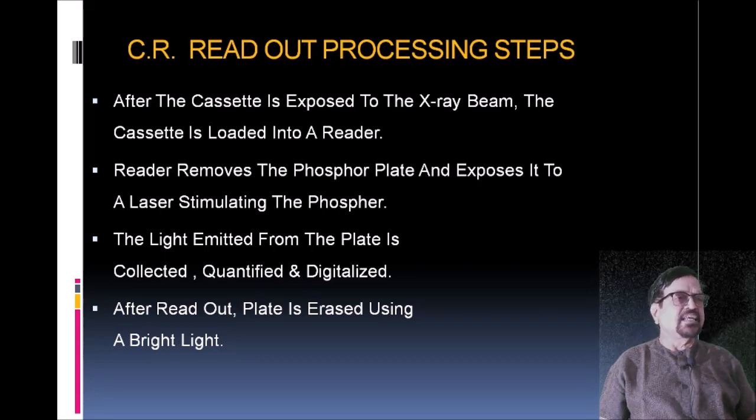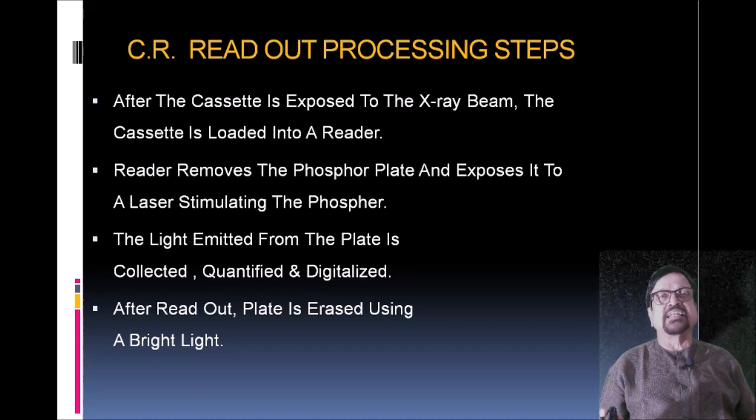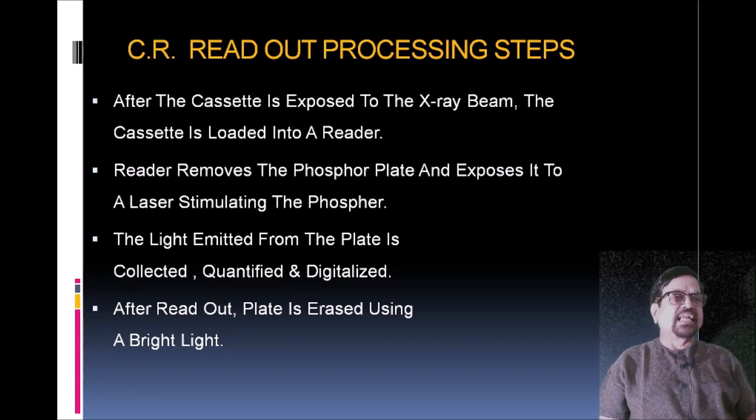Now what happens? The digitalizer, or the processing unit, removes the phosphor plate. So inside a cassette there is a phosphor plate. That phosphor plate is removed by the digitalizer and the plate is taken out, and this plate is then exposed to the laser, stimulating the phosphor.